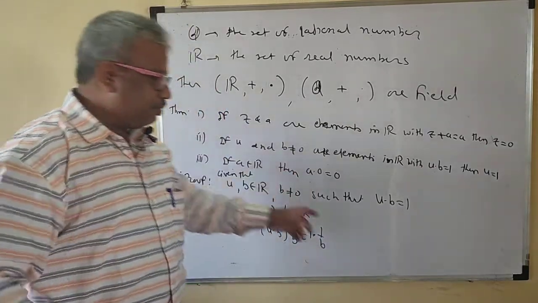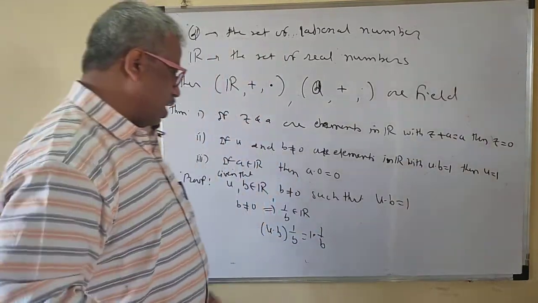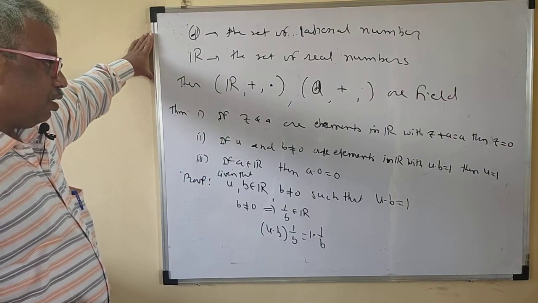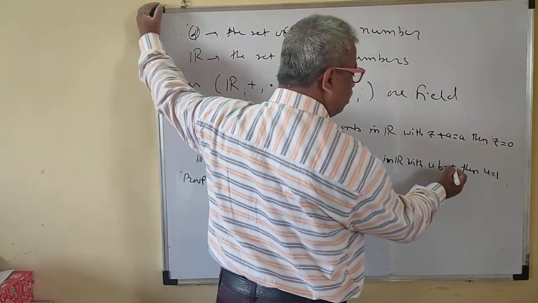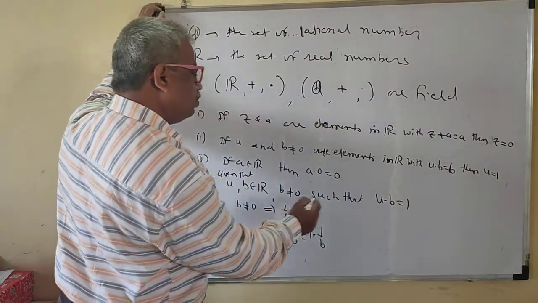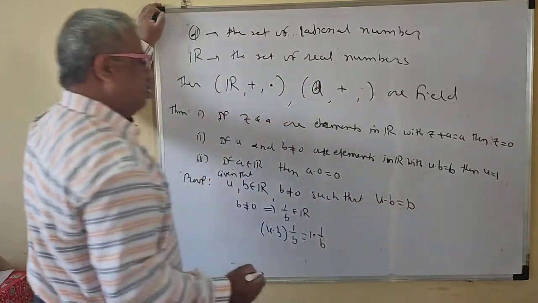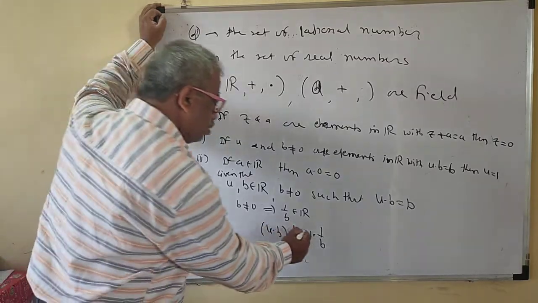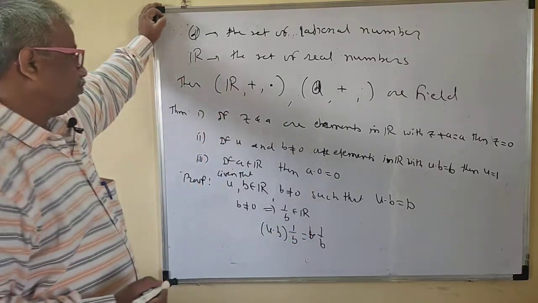Directly you cannot do this one. So, ub is equal to b, we will correct this. Ub is equal to b is given, and then you have to prove this. So b into 1 upon b.